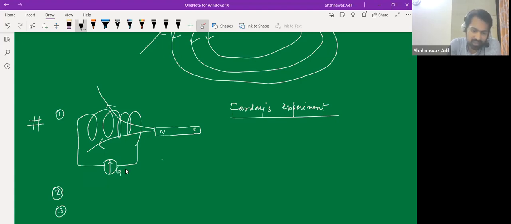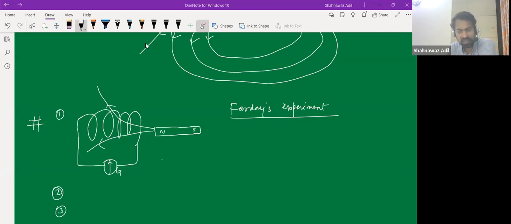So what does the galvanometer do, guys? What is the use of the galvanometer? We just studied it. It is used to detect the presence of current. Yes, very good. Not how much current, but only the presence of current.